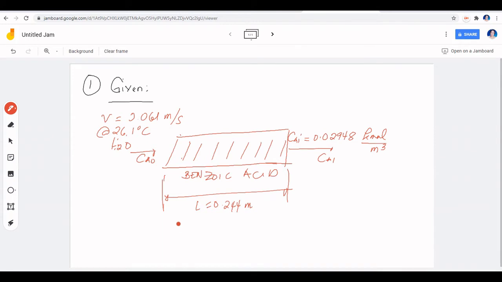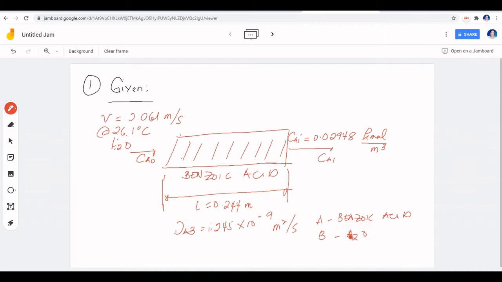And the diffusivity of benzoic acid to water is given as 1.245 times 10 raised to negative 9 meters squared per second. Now A here being benzoic acid, and B is water. Okay.